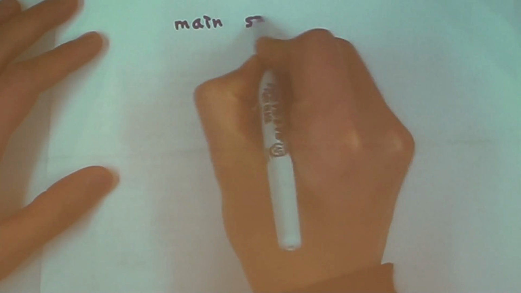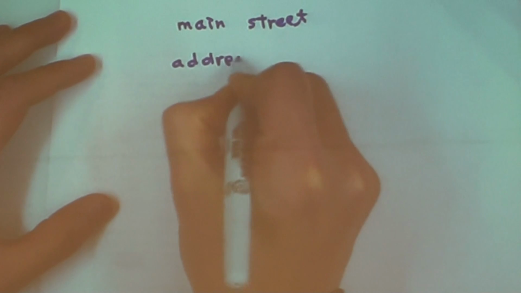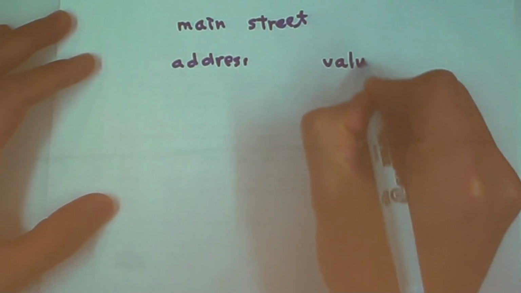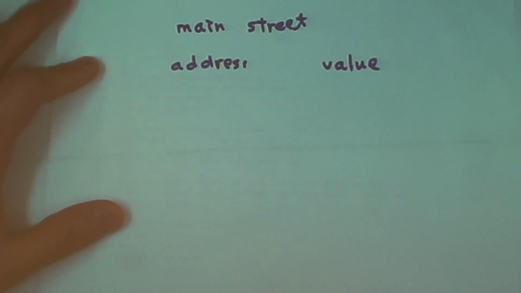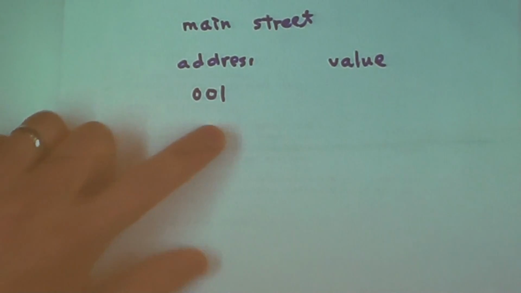So what does this mean? I'm going to make an analogy explaining address and variable. Let's say we are thinking about a street, say Main Street. You have people living on Main Street. You have address. You have variable. Let's consider variable will be the name of the family living there. So you may have somebody living at 1 Main Street.